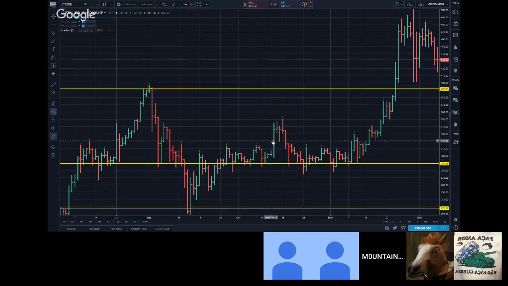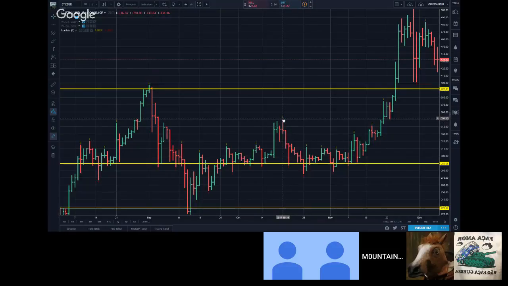A fractal is nothing more than a point where a price turned, okay? So in this case here, we're going to pick on this particular fractal. The two preceding high points were lower than here, and the two high points after were lower.